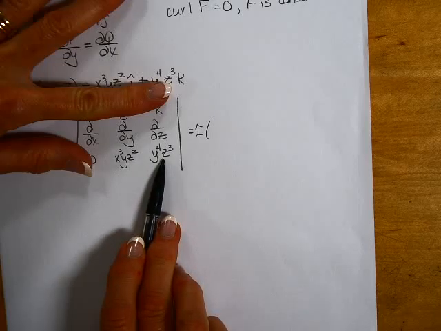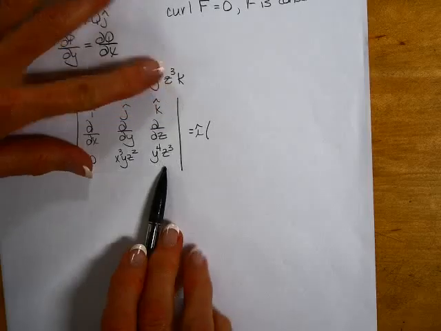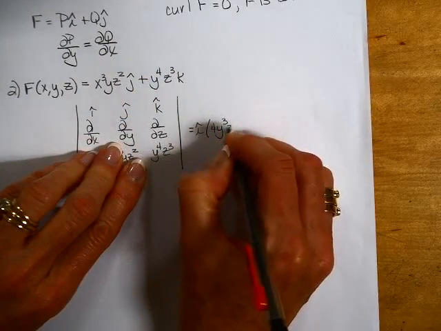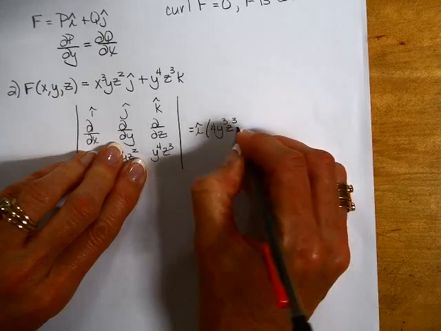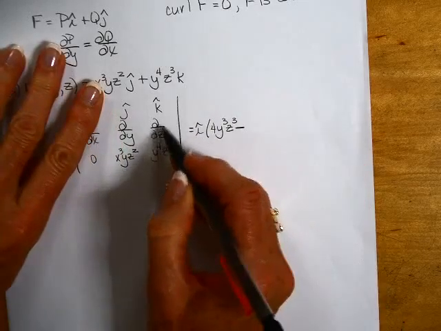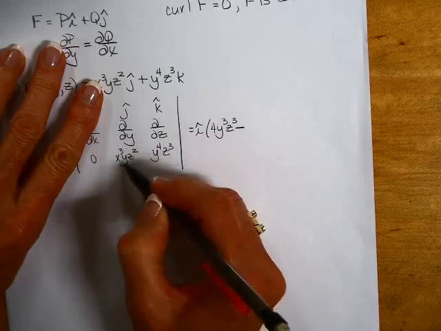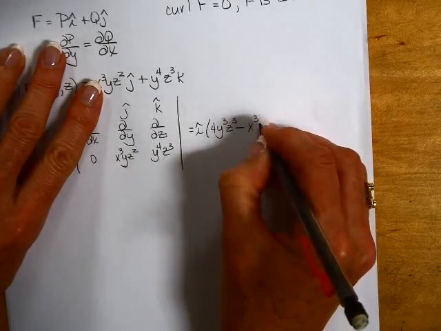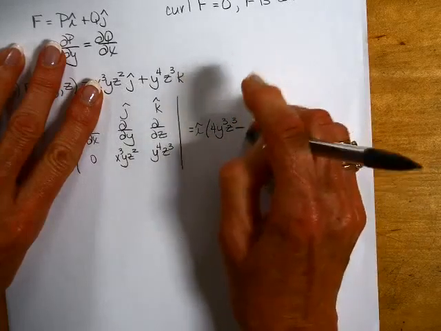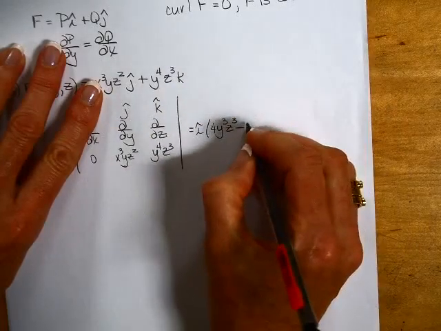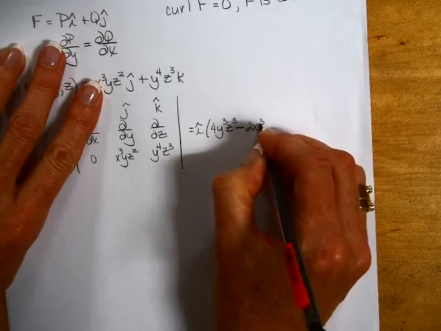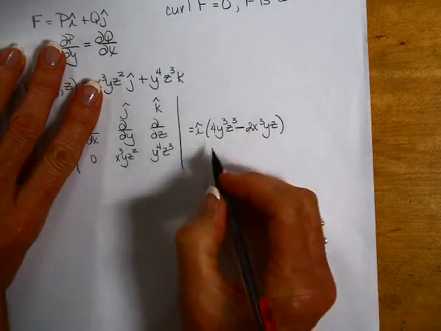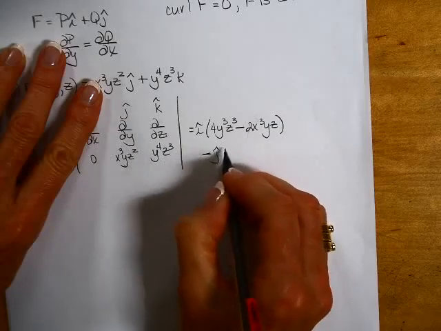The partial of this with respect to y is going to be 4y to the third z to the third, minus, when you come back, you're taking the partial of this with respect to z, which is 2x to the third yz, minus j.